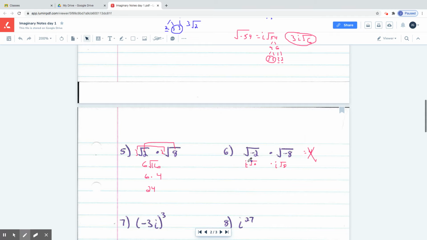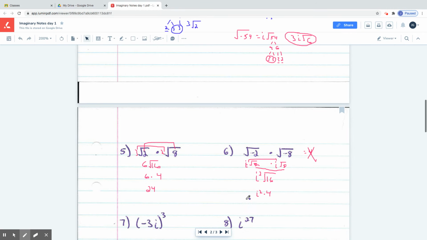So then when we do outside by outside, I times I is I squared. 2 times 8 is the square root of 16. So it's I squared times 4. But what is I squared equal to?